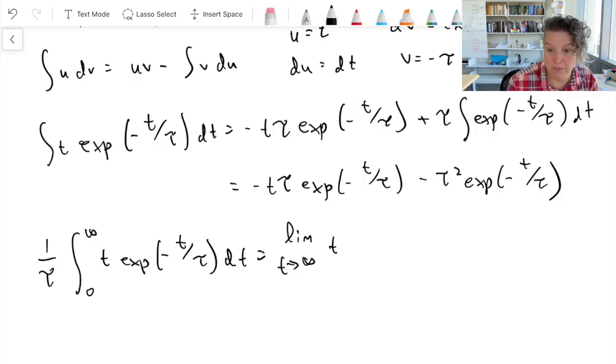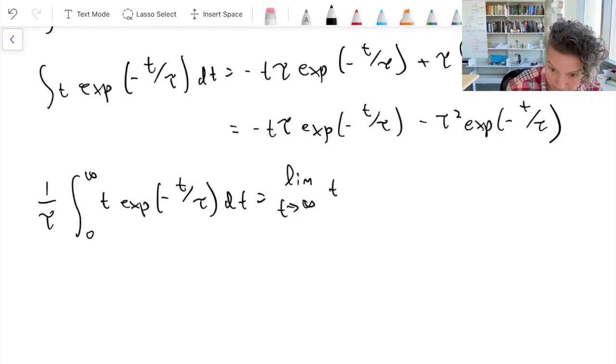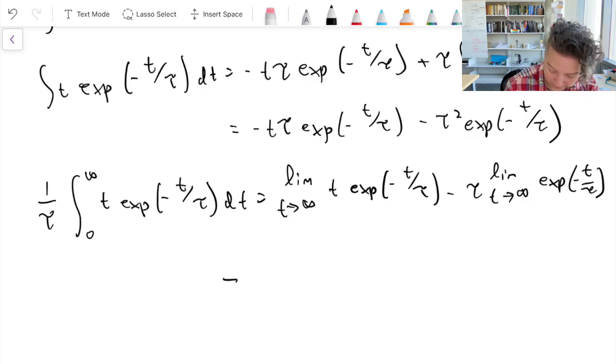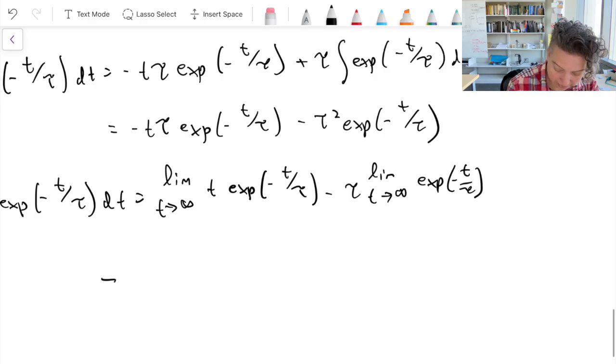So I'm taking my limit then of t times the exponential of negative t over tau as t goes to infinity, minus tau times the limit as t goes to infinity of exponential negative t over tau. This is my evaluating at infinity piece.